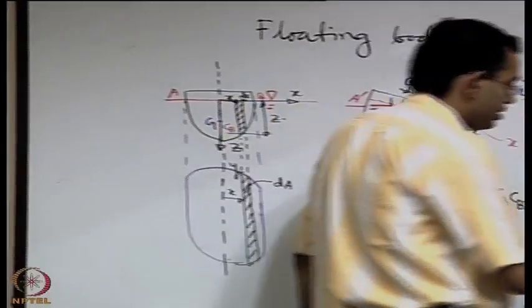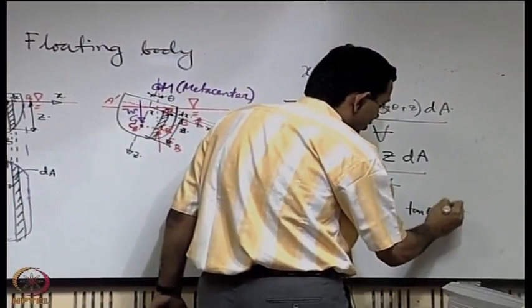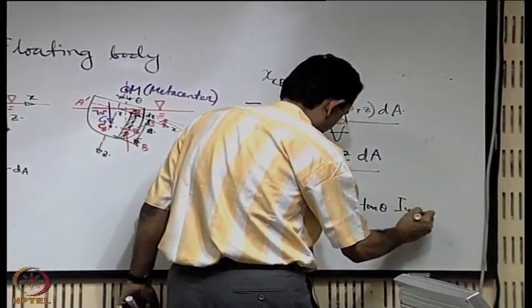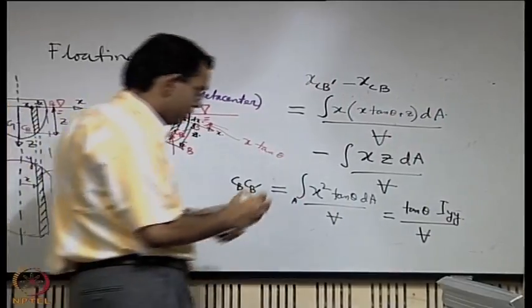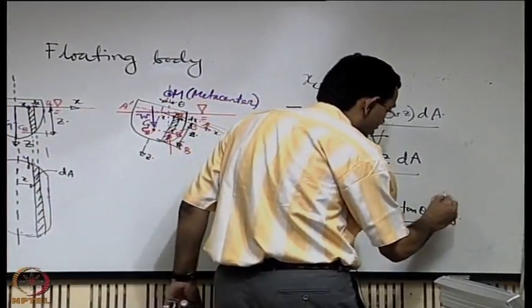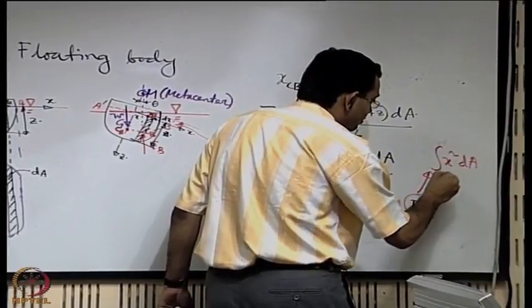So it is tan theta into Iyy by V, where Iyy is integral of x square dA.